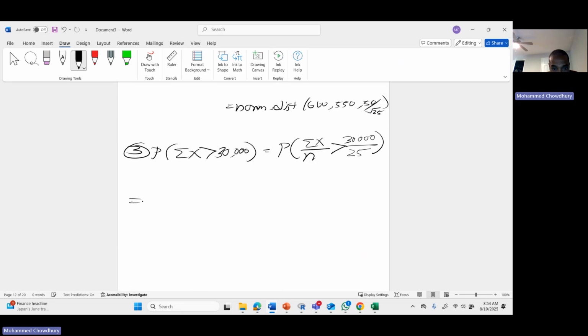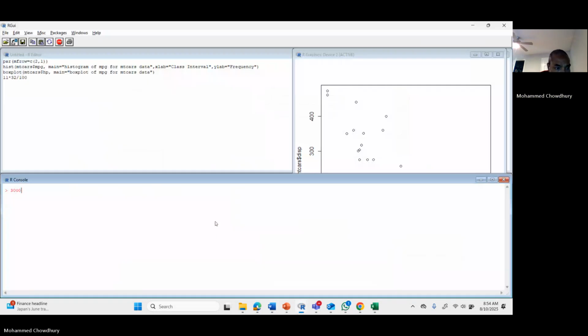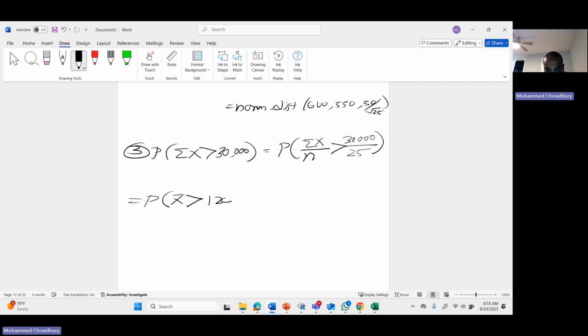So now it becomes the probability of x bar greater than 30,000 divided by 25, which will give us 1200. So 1 minus the probability of x bar less than 1200.